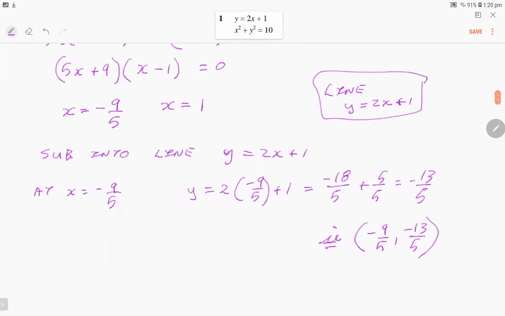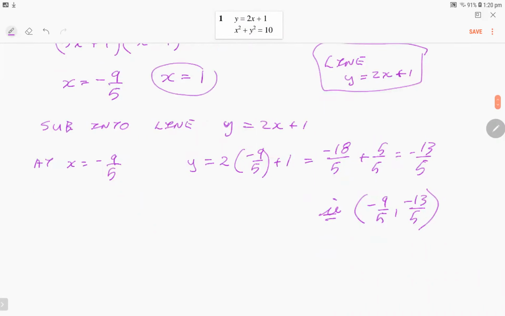Then we're moving down to the next point, where x equals 1. At the point where x equals 1, the y value is 2 times 1 plus 1, using the line equation. 2 times 1 plus 1 is 3.